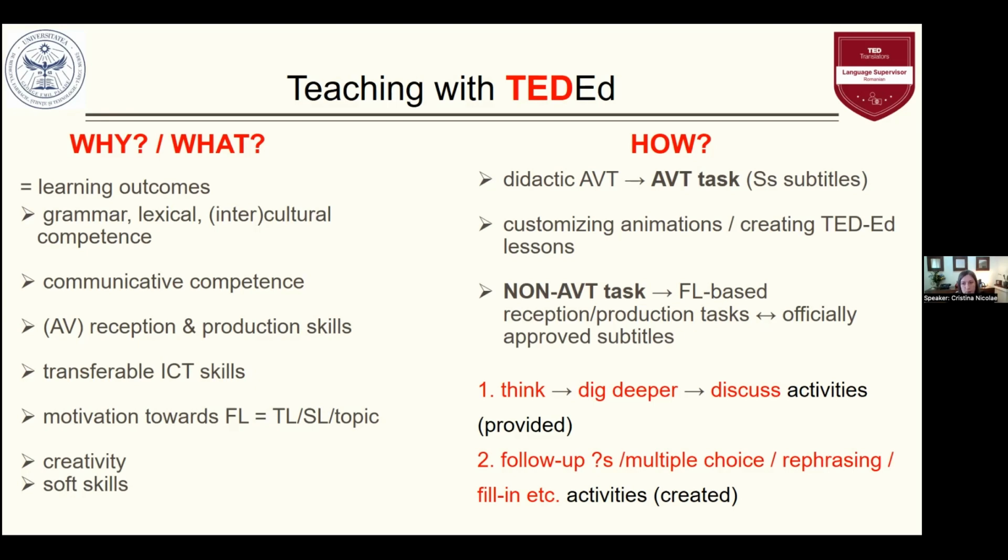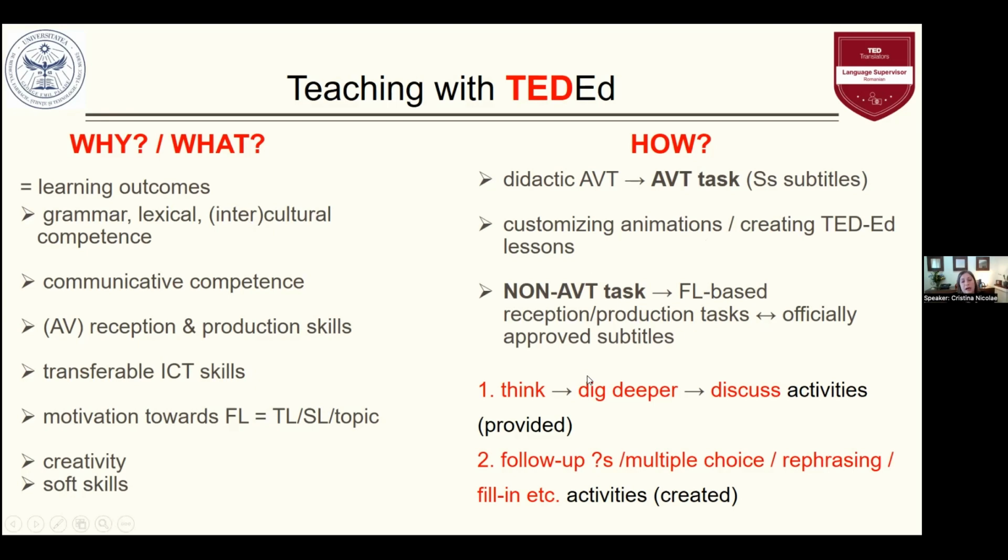How to use these lessons? Basically there are two approaches. One, we can use the given subtitles, the officially approved subtitles, and then we can have a didactic non-AVT task.